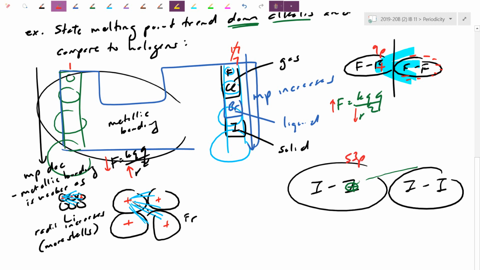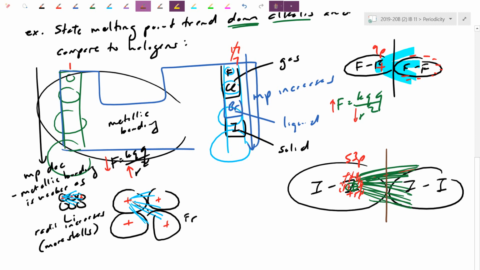So even though this London force for one proton might be weaker because it's having to reach farther out, let's couple that with a lot more protons. Every single one of these protons has a similar weaker London force attraction with their neighboring electrons. Just the sheer number of London forces will increase the strength between molecules, so it's going to be harder to melt.